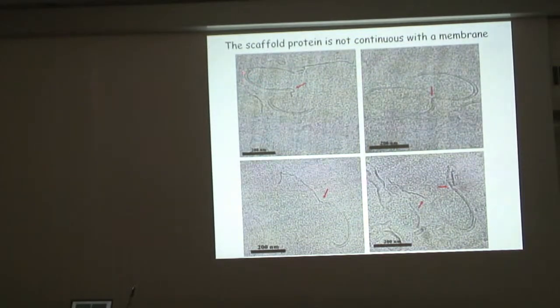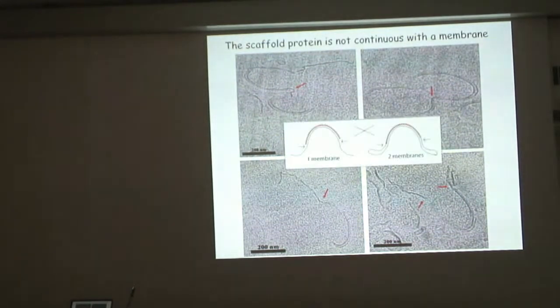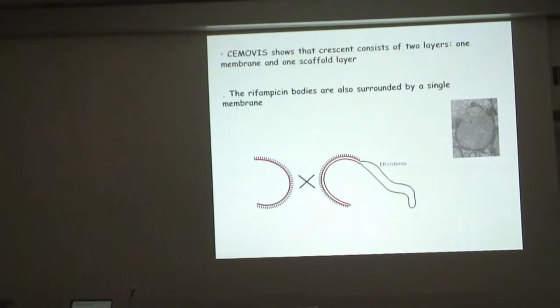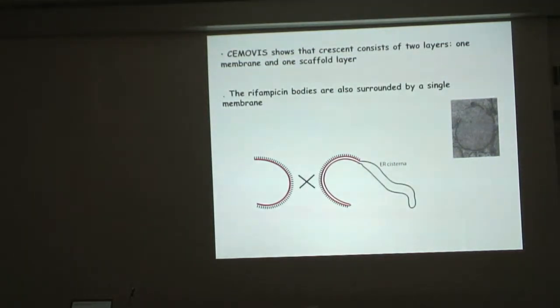Very obvious was that when you see the scaffold assembling after rifampicin washout, it's continuous with nothing, and what is basically not coated with a scaffold is a single membrane. So we took this really as a proof that we are not dealing with the situation here, but that basically we have one membrane with a scaffold on top. So one membrane, so basically we can start excluding this model here.